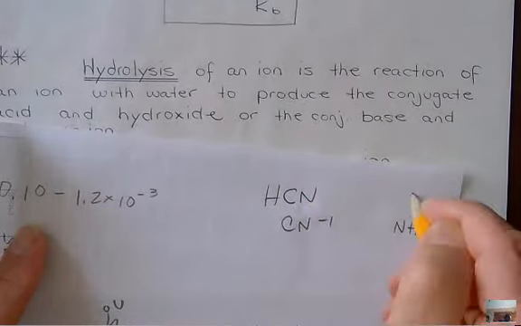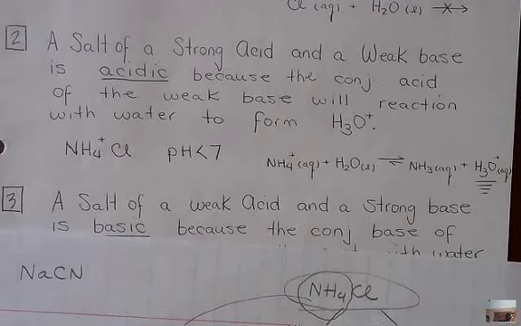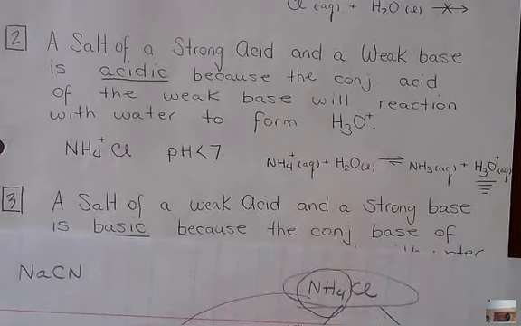This guy's pH would be less than 7 if I put ammonium chloride in. So let's read it again and see if it makes sense. The salt of a strong acid and a weak base is acidic because the conjugate acid, ammonium, of a weak base will react with water to form hydronium.